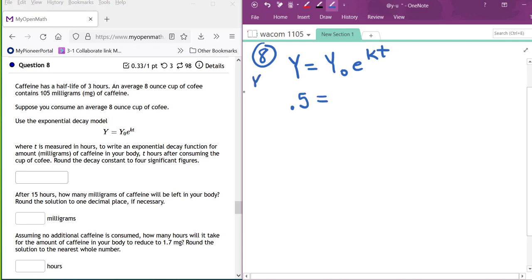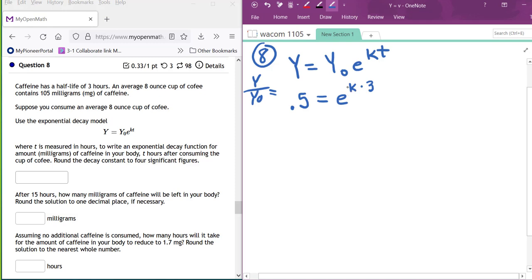So y divided by y sub 0 equals 0.5. K we're going to find, and they told us the half-life, which is where we get this 50%, is 3 hours. So we're using 3 for our t, and we're going to solve for k.